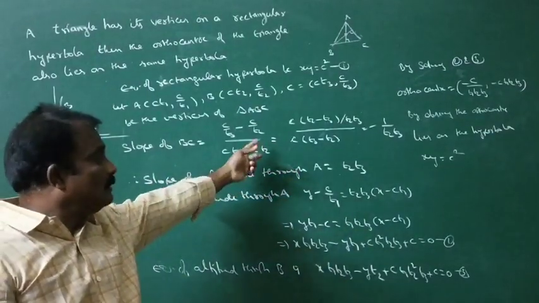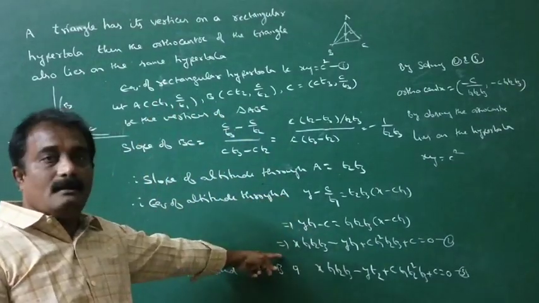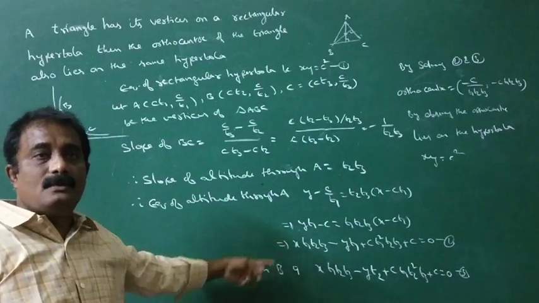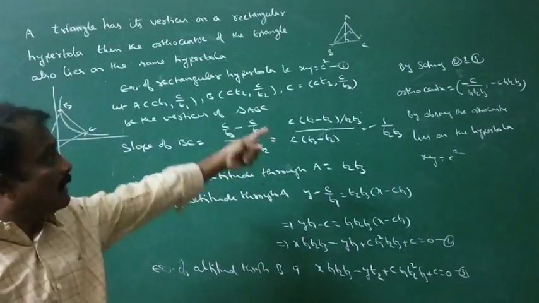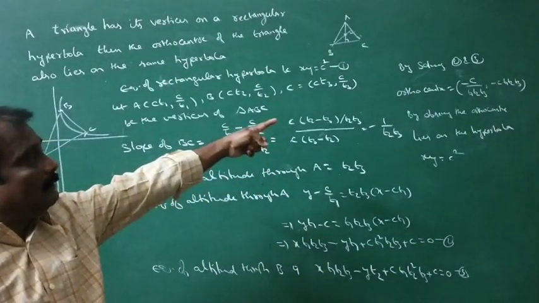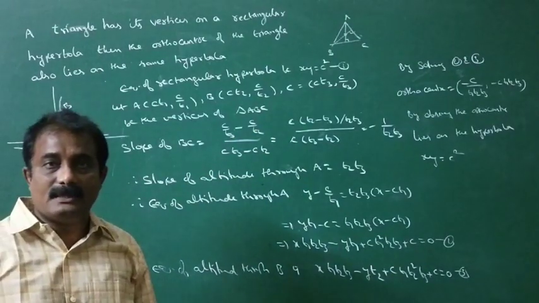By substituting slope and this point A in slope point formula, we are getting the altitude through A. Similarly, we are getting altitude through B. By solving these two, we are getting the orthocenter as (minus c by t1 t2 t3, minus c t1 t2 t3).